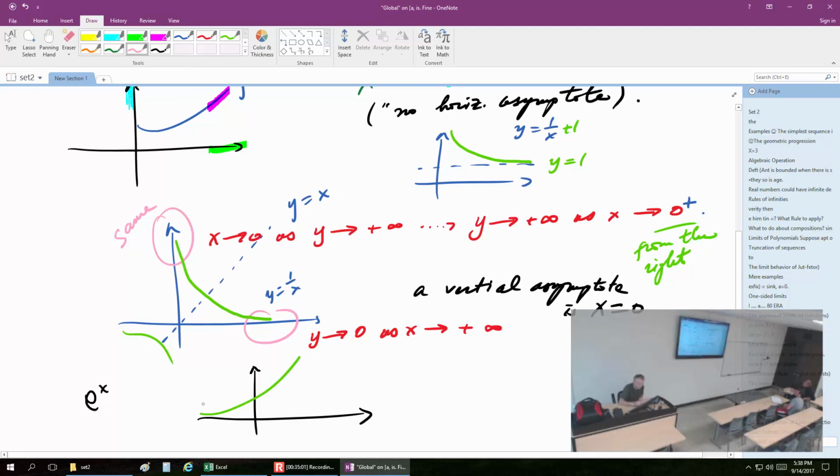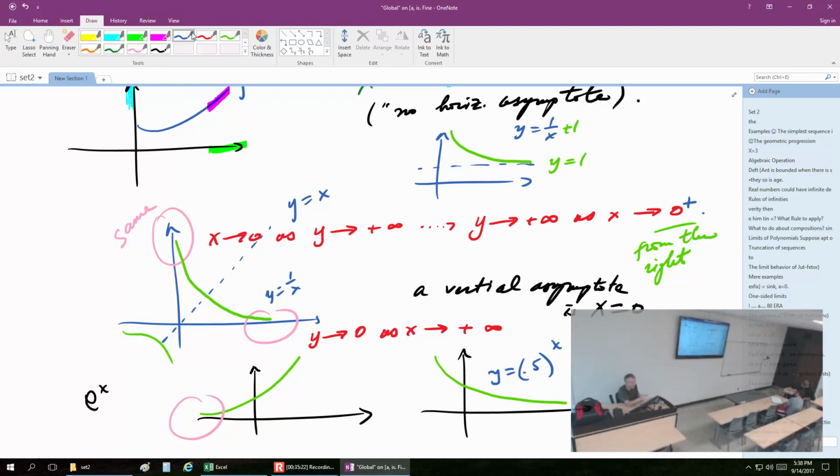If we take the opposite one, y equals 0.5 to the x, that is exponential decay. Both of them have asymptotes at y equals 0, and they're flattening out, and that is important because there are physical processes behind it.